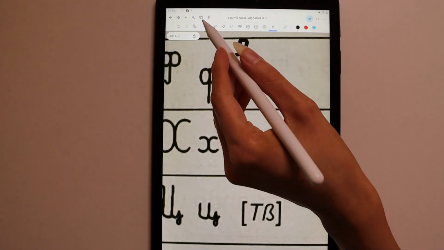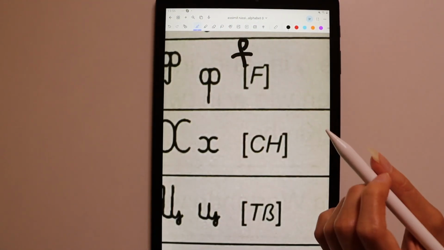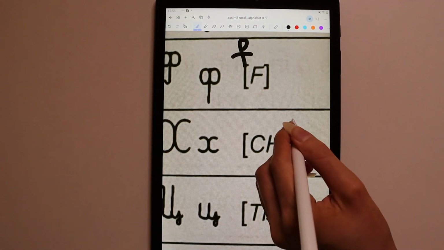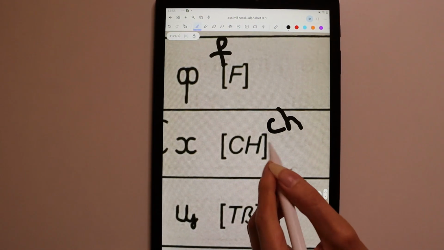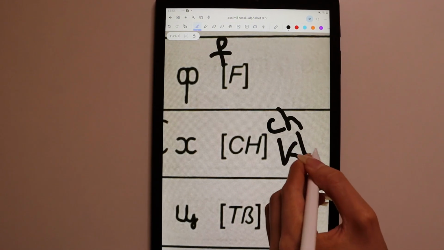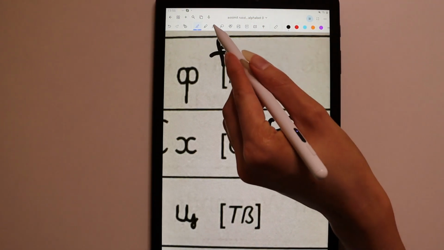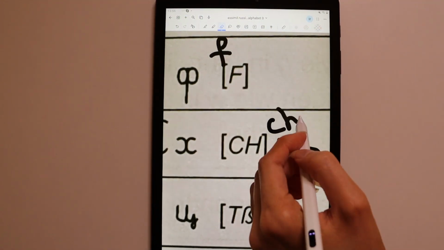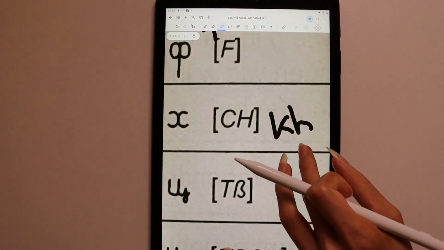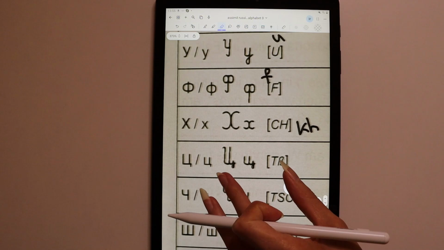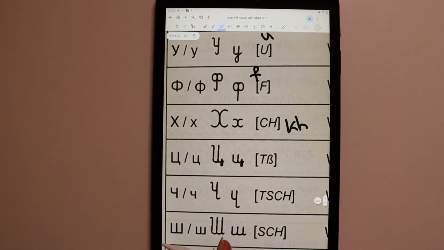And cha, yeah, it's kind of like CH, or more KH. I would say KH, because we also have another letter that I would say is like CH. It's like KH. Cha. Cha as in, yeah, in English there is not really a sound like that.